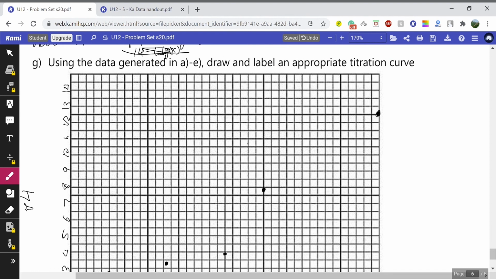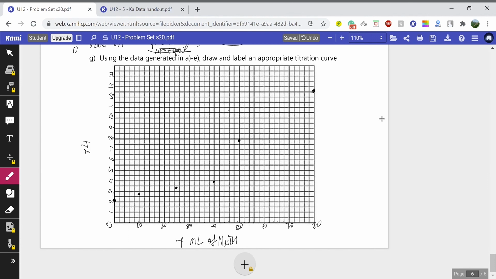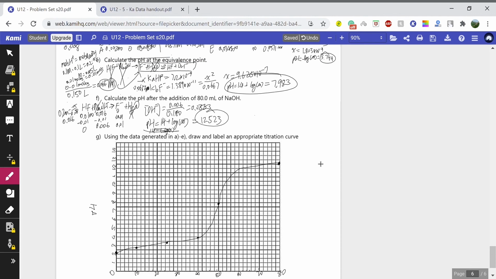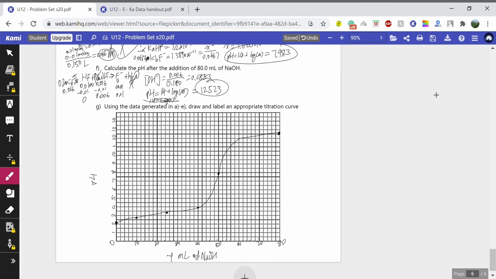So this is how our titration curve is going to look. Let's collect the dots. Going to be here, going to be here, and we can assume what's going on over here. It's going to look something like this, and this will be our titration curve for this solution. And that is it for the whole problem set. Thank you for watching.